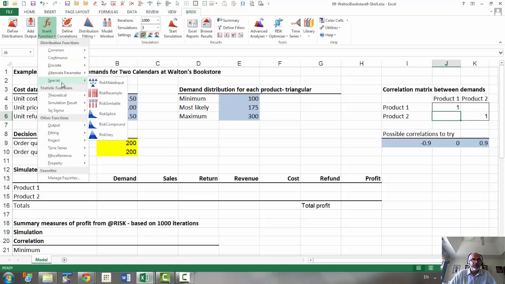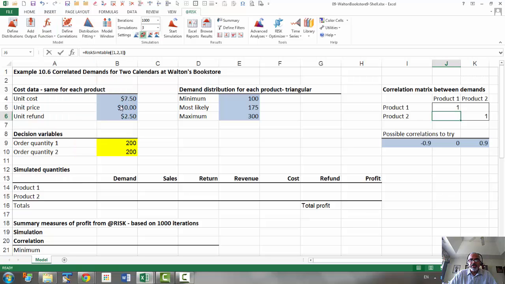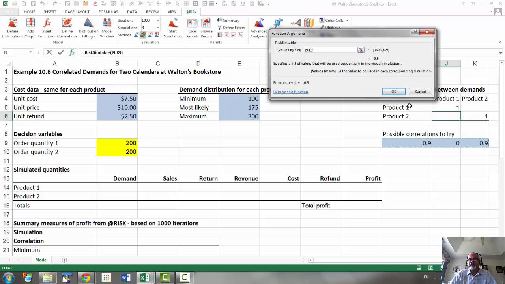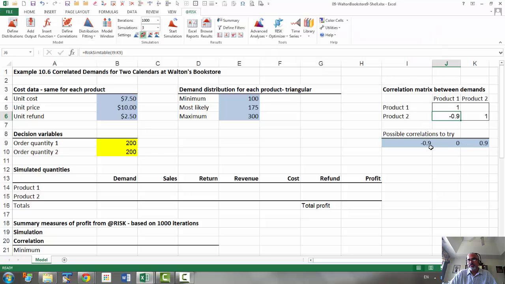We use RiskSimTable and we use these 3 cells, starting from minus 0.9, 0 and 0.9. Now the correlation on the other side of this symmetric matrix is going to be the same as this. The correlation between product 1 and 2 would be the same as product 2 and 1, so this is simply equal to that.